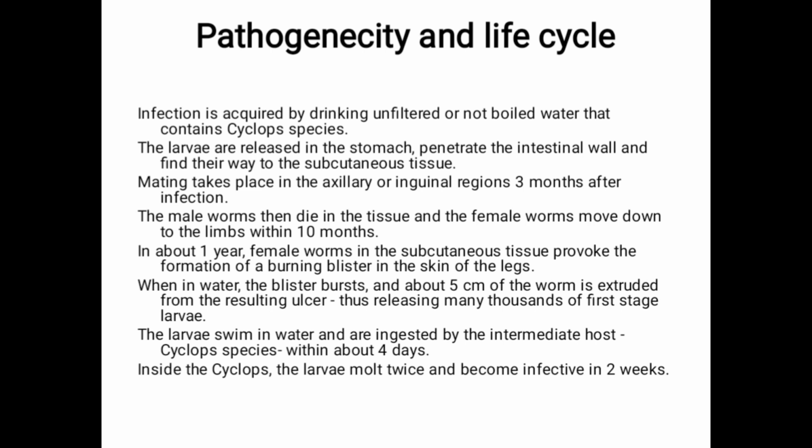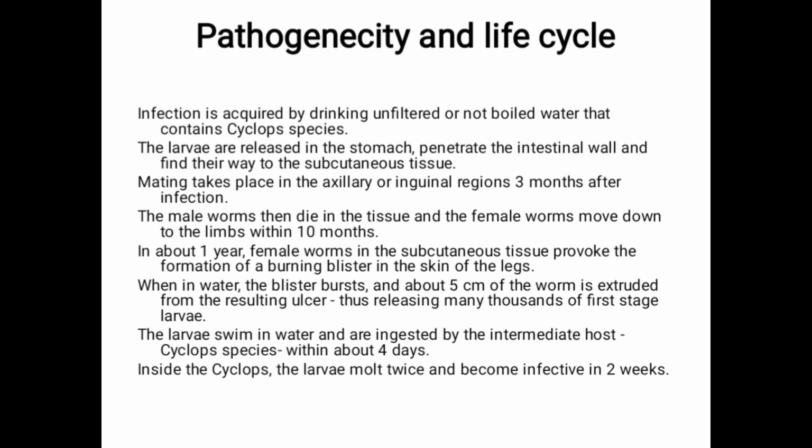Mating takes place in the axillary or inguinal regions 3 months after infection. That is at your groin, on either your left or right side, the trenches where they meet. The male worms then die in the tissue, and the female worms move down to the limbs within 10 months.